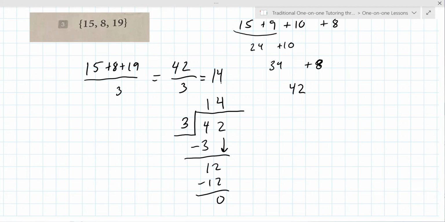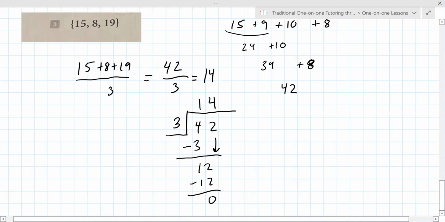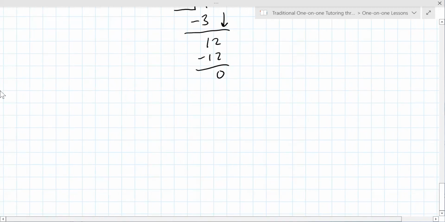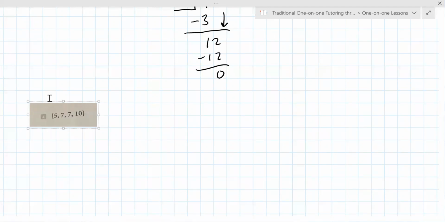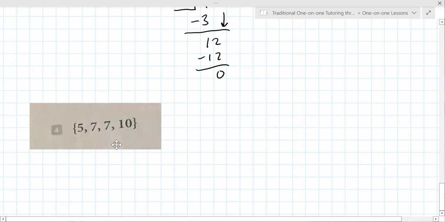4 plus 7 is 14, 5 plus 10 is 15, 14 plus 15 is 29. Then 29 divided by 4.